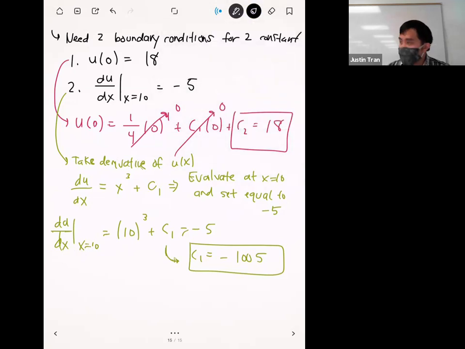Now that we've solved for our two constants, we can plug them into our general solution, and that gives us our complete solution. Our complete solution, u of x, is equal to 1/4 x to the 4th minus 1005x plus 18.